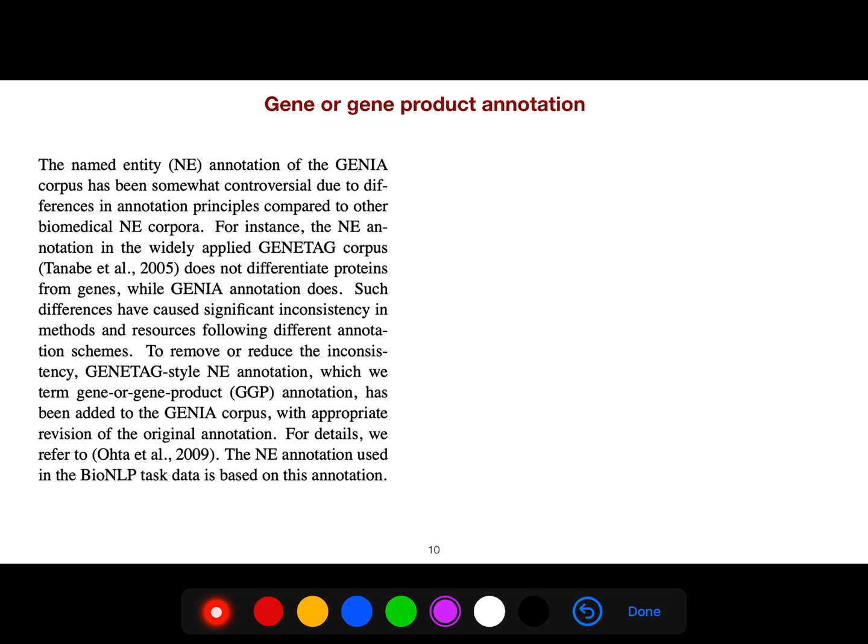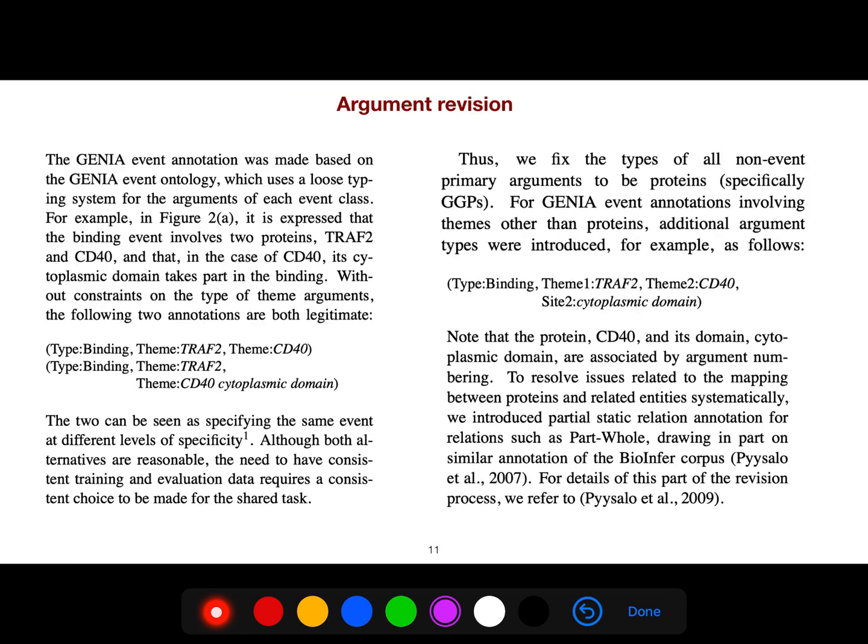Such differences have caused significant inconsistency in methods and resources following different annotation schemes. To reduce the inconsistency, GENETAG-style named entity annotation, which we term gene or gene product annotation, has been added to the GENIA corpus, with appropriate revision of the original annotation.